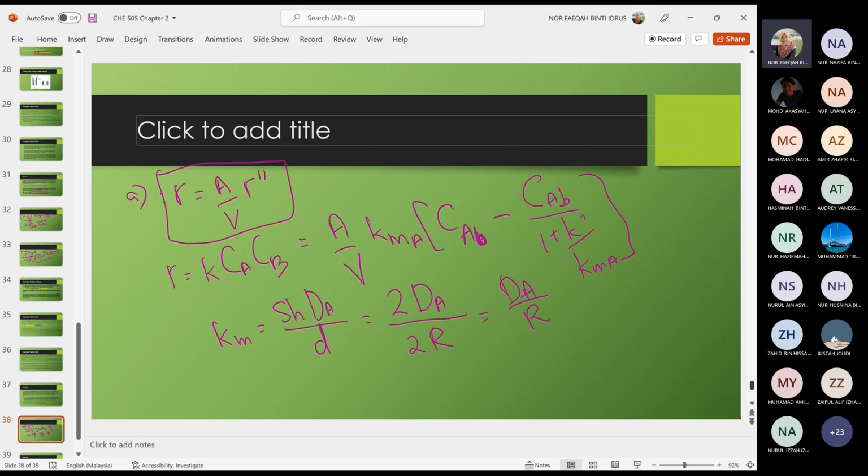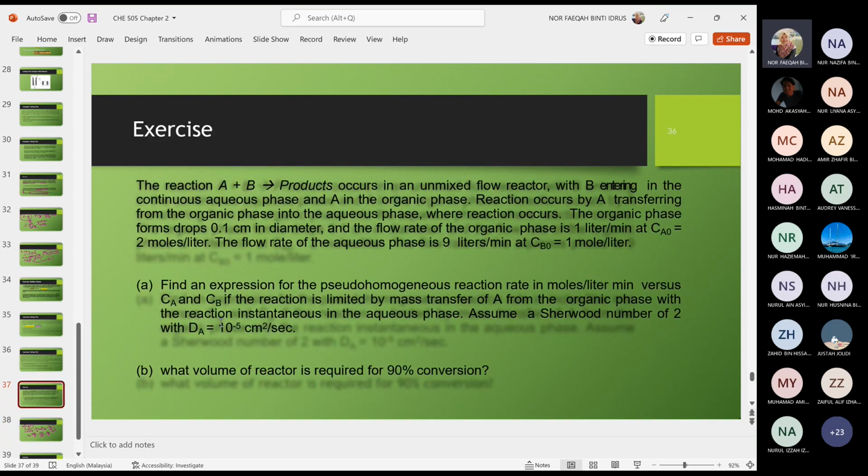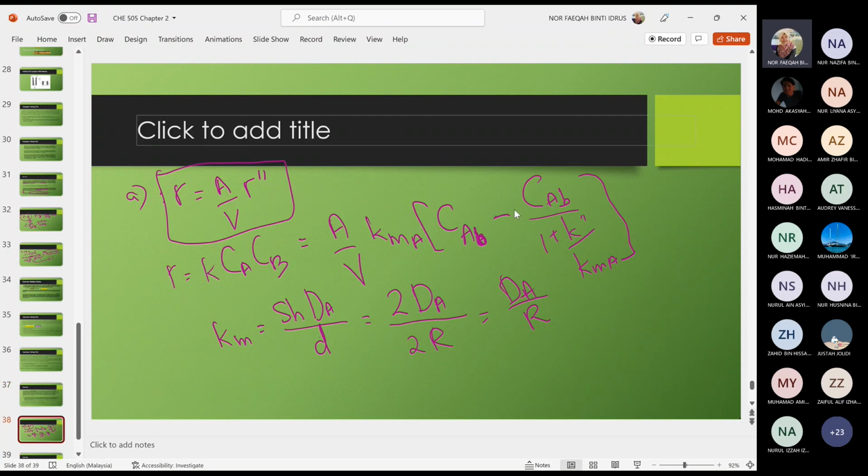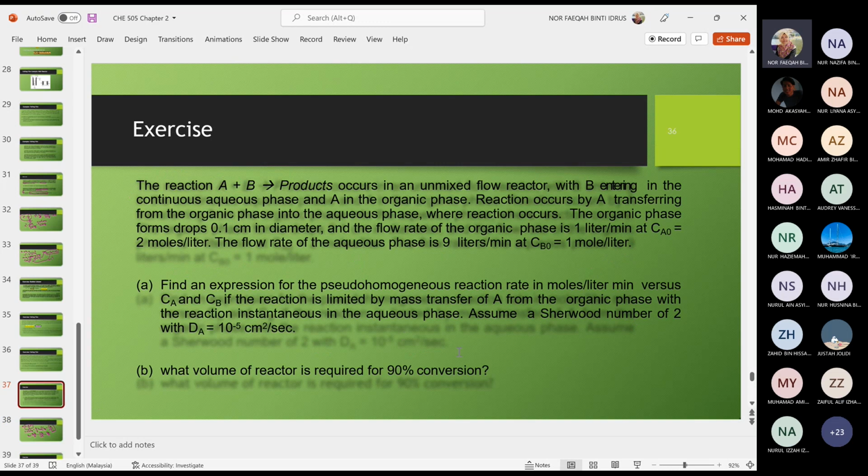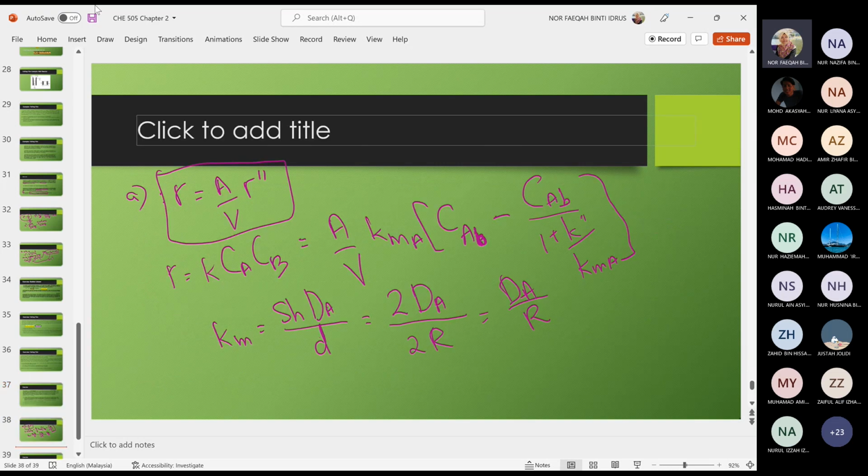So just define it, because the question asks to find an expression. So this is the expression, as long as you define what KMA is. And then the dA value is given, write it. It's equal to, I can't write anymore.